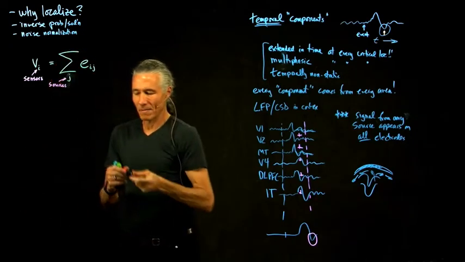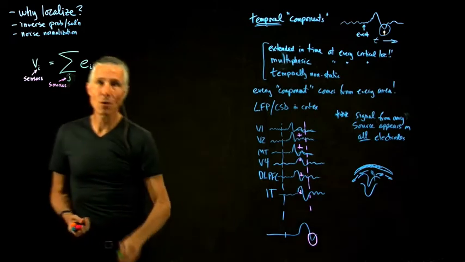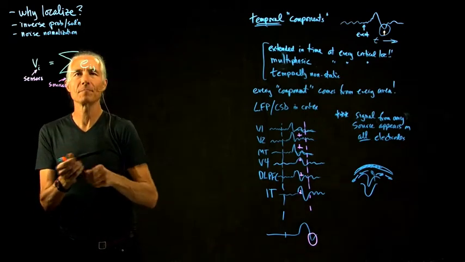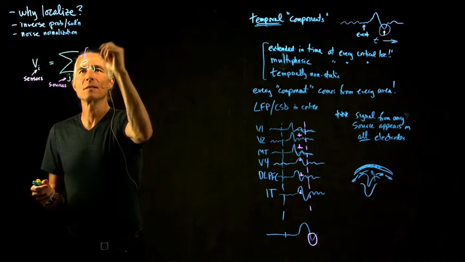And then the E is basically the forward solution. So this guy is the forward solution.